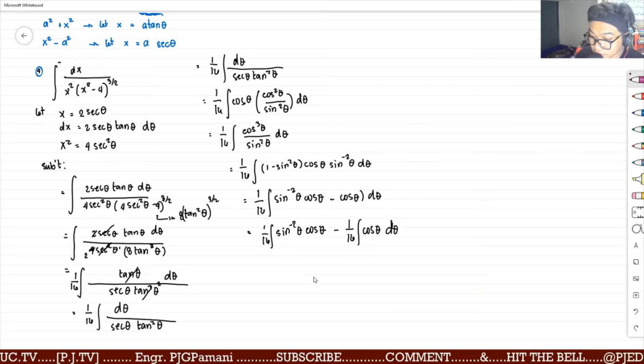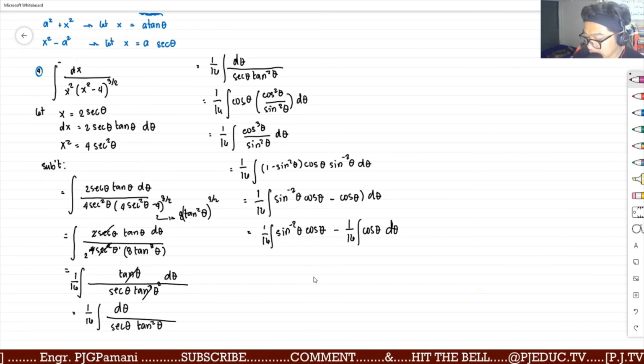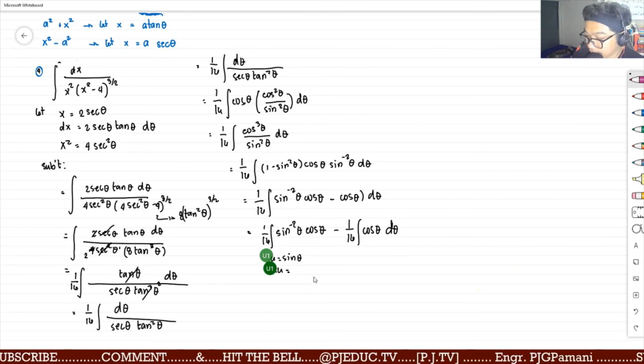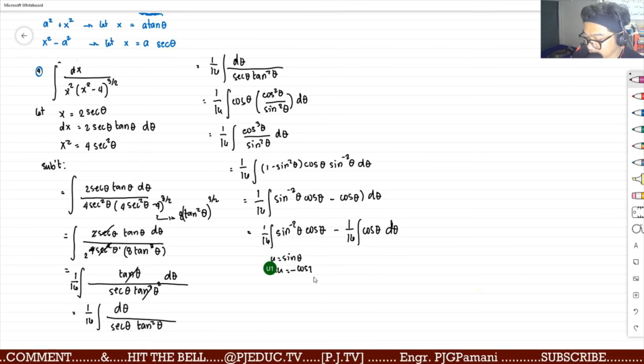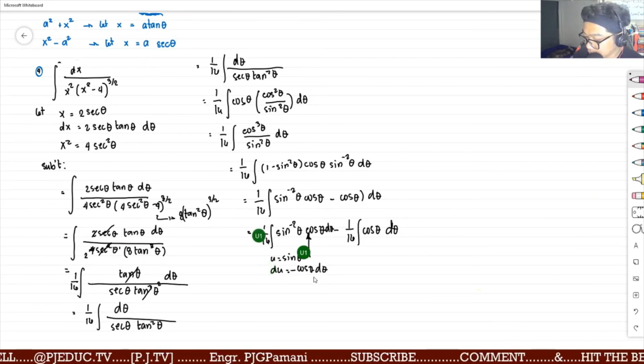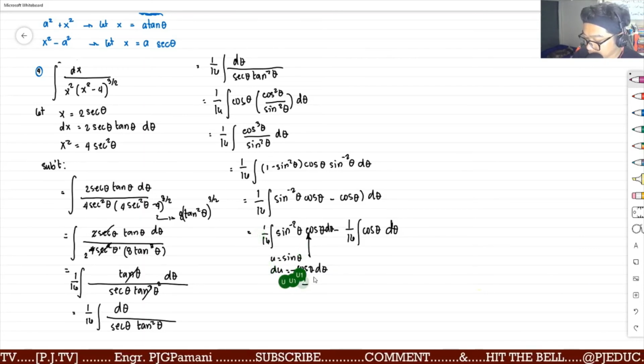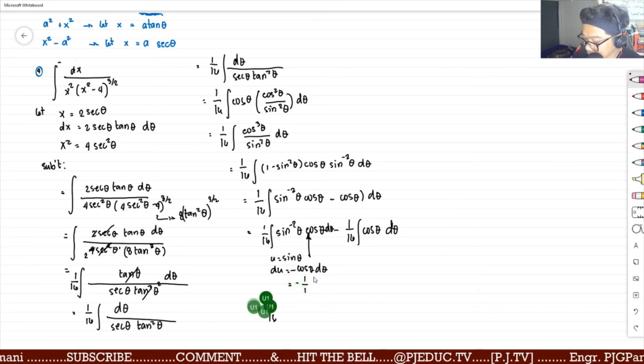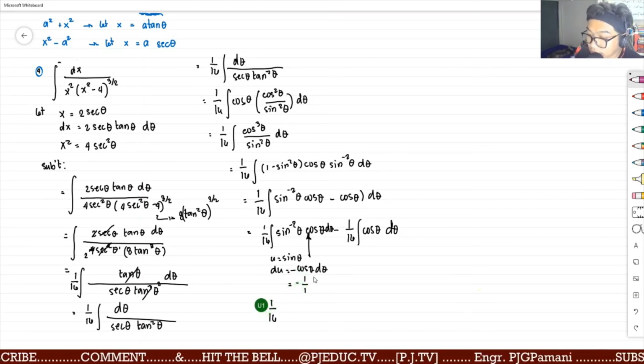Okay? Remember that sine theta has a differential form of cosine theta. Makakancel na natin yan. Mag-introduce ka lang ng correcting factor, -1. With that, 1/16 times -1 is -1/16.